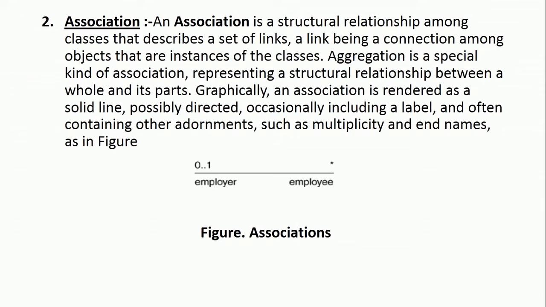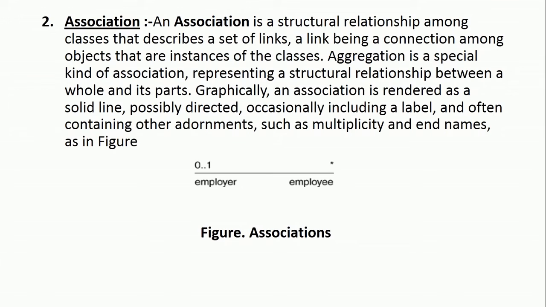Aggregation implies a relationship where the child can exist independently of the parent. Example, class as parent and student as child. Delete the class and the students still exist.